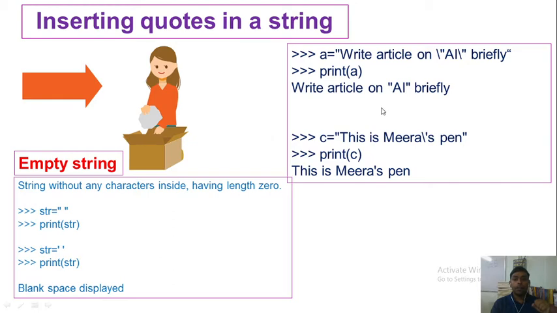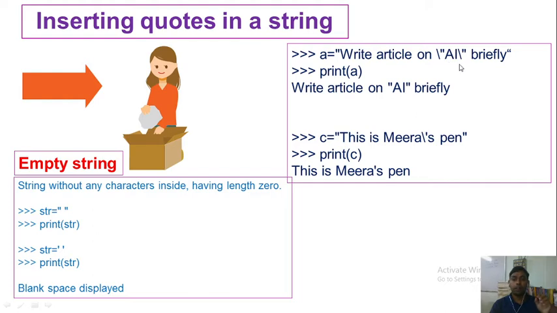Then here is the main concept, inserting quotes in a string. You can see a equal to "write article on AI briefly", where AI is given with a backslash, then double quote starts, then we write the string AI, then a backslash again and the double quote closes.